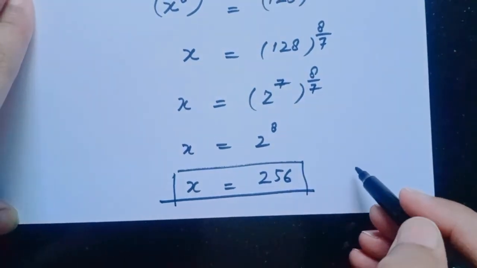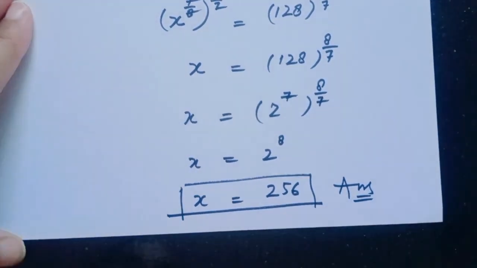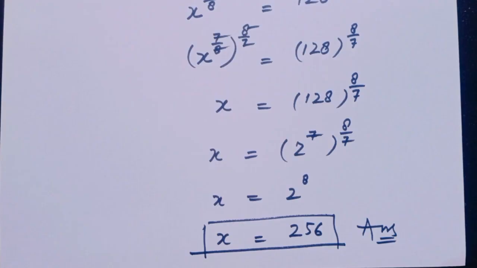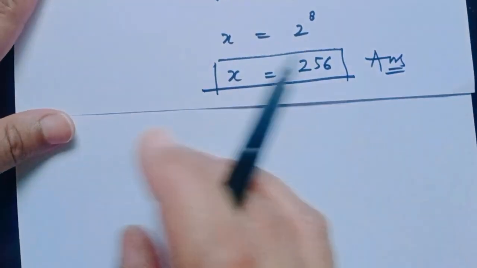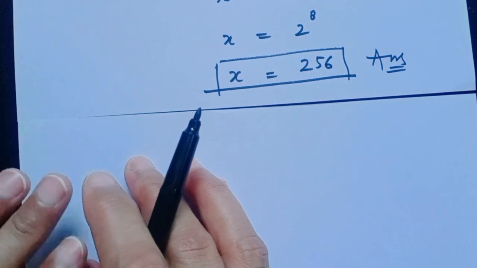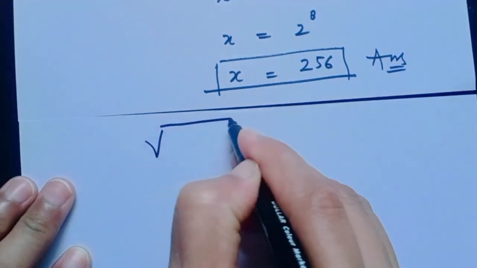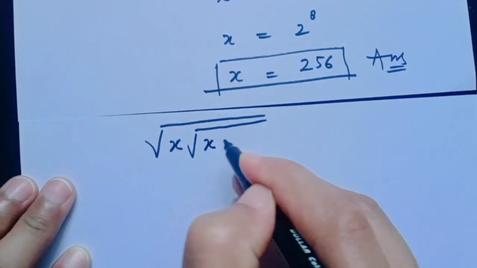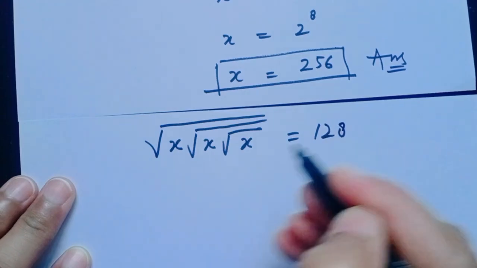Now I am going to use the second method. I will write down the question first: square root x and square root x and square root x is equal to 128.